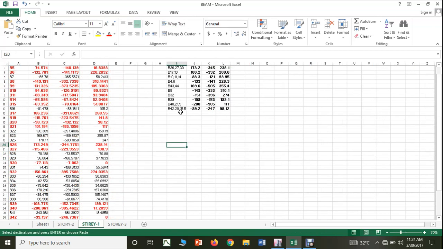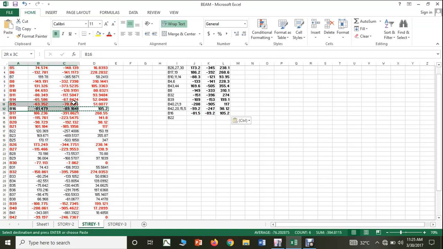Beam number 16 you can directly write, so this corresponding beam number 16. Then next, after that, you have beam 22, that is here, beam 22.